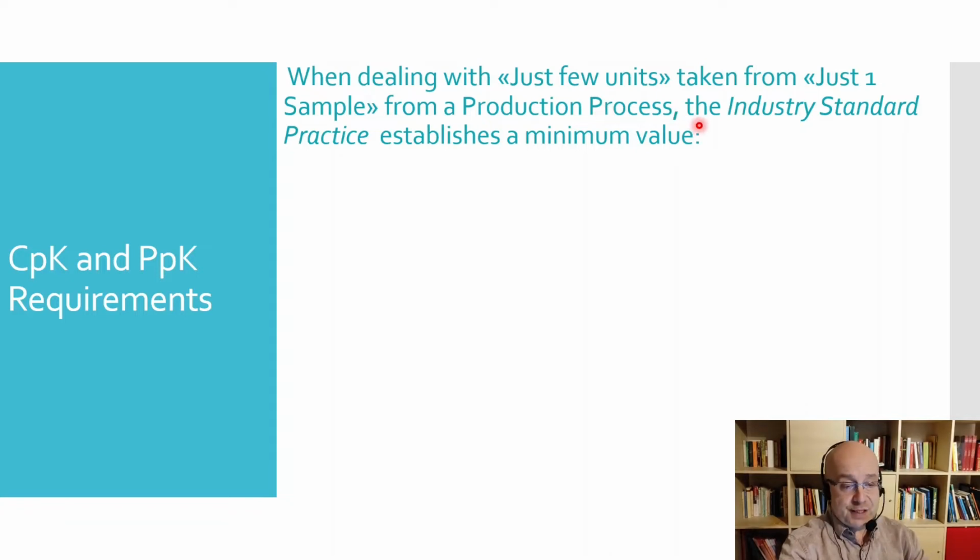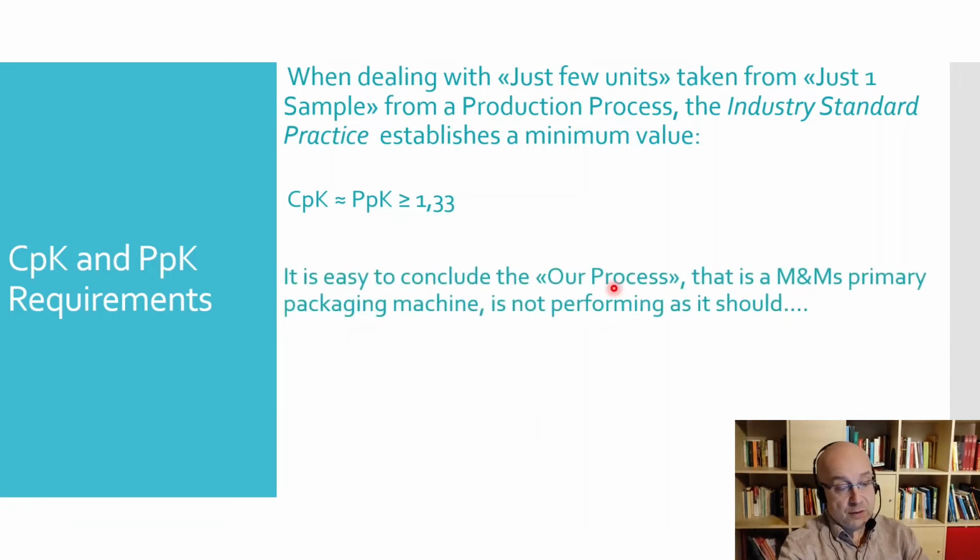The industry standard practice in these conditions establishes a minimum value: the Cpk or the Ppk should be equal or higher than 1.33. You immediately conclude that our process, in this case an M&M's primary packaging machine, is not performing as it should, because the Ppk obtained is not 1.33, but 0.71.